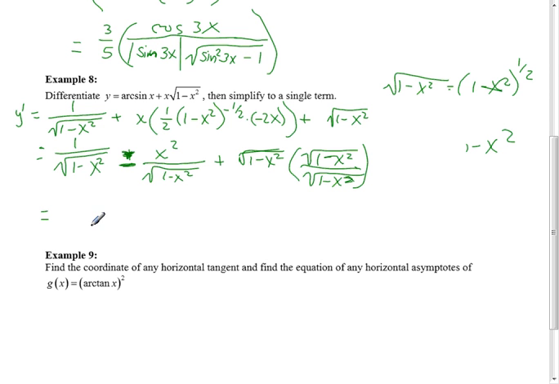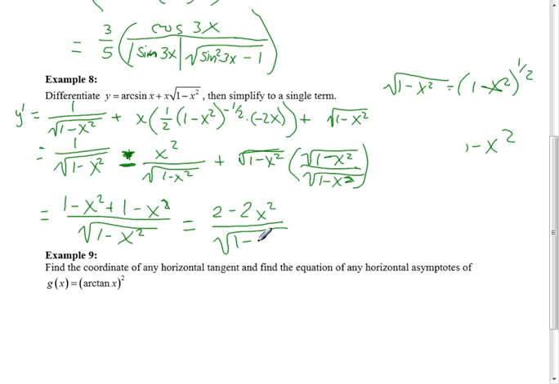Alright, so to skip one step, just for time, and maybe my writing on this computer, I'm going to combine it all at once. 1 minus x squared plus 1 minus x squared. Alright, combining that, it looks like I'm going to get 2 minus 2x squared over the square root of 1 minus x squared.